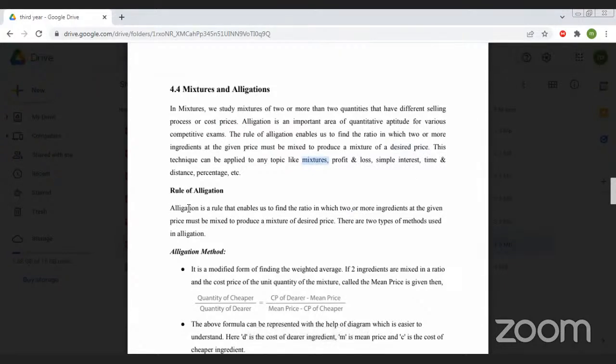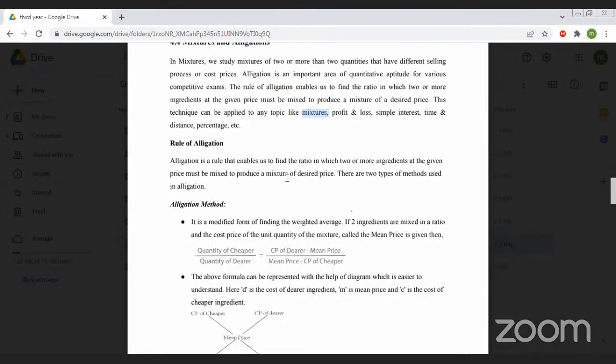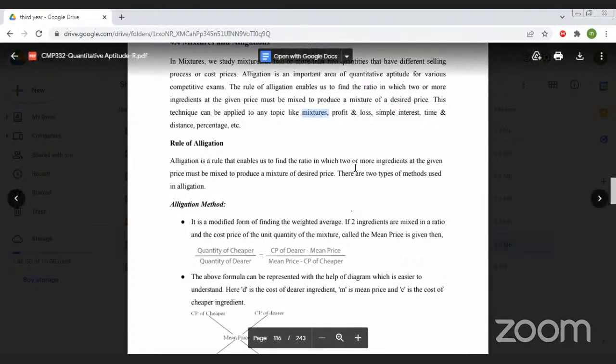Now, rule of allegation. Allegation is a rule that enables us to find the ratio in which two or more ingredients at the given price must be mixed to produce a mixture of desired price. Now, allegation method is what? It is a modified form of finding weighted average.